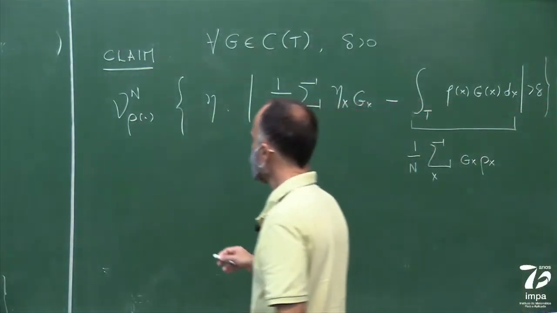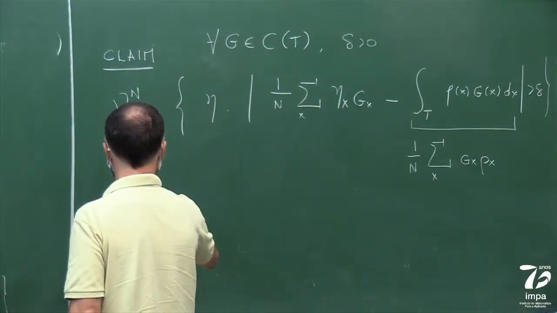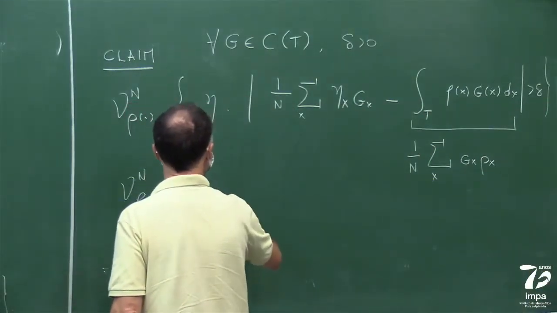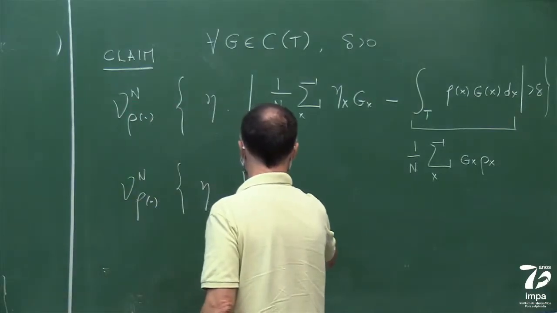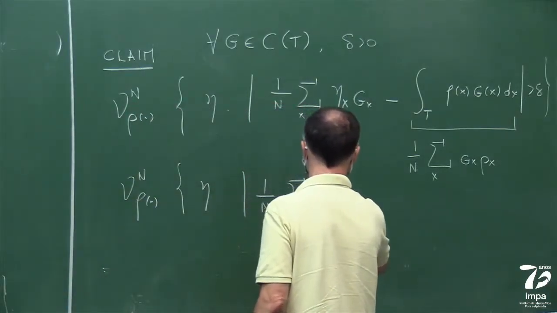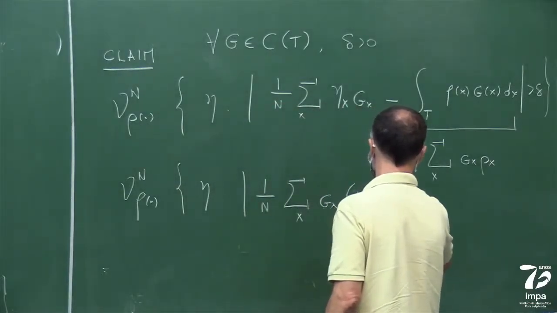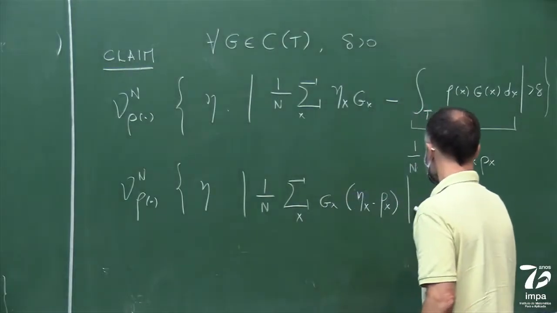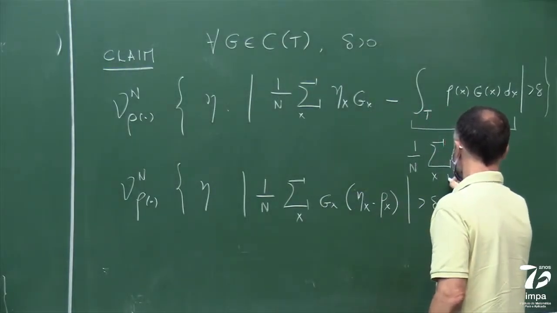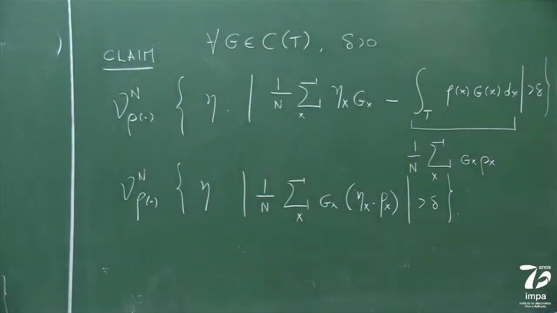So this becomes the probability that this event is larger than δ.